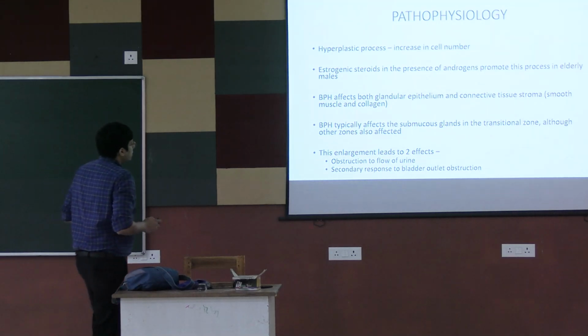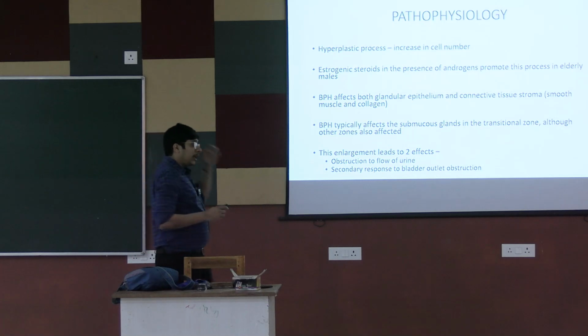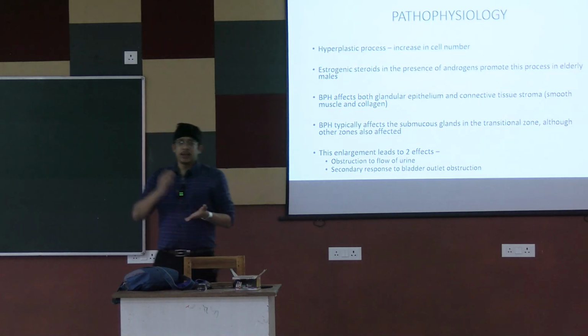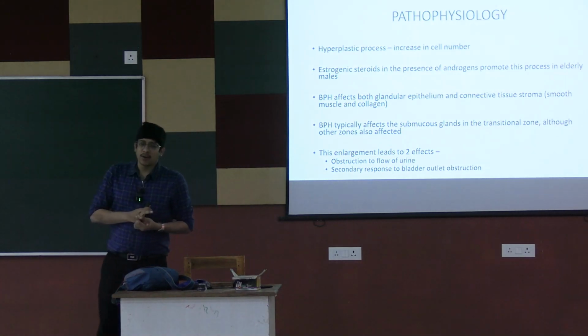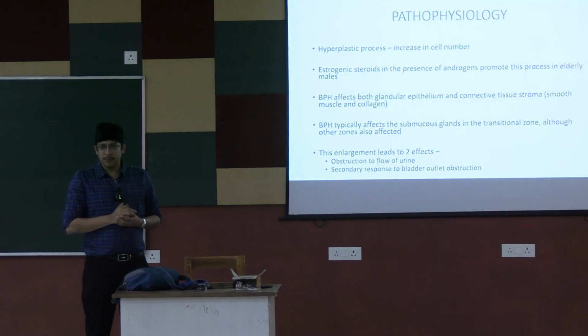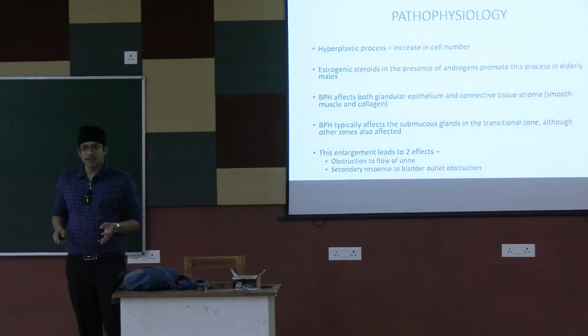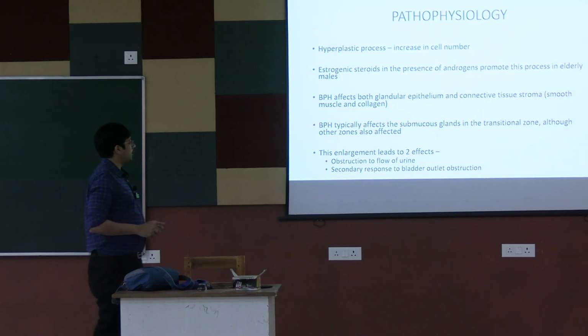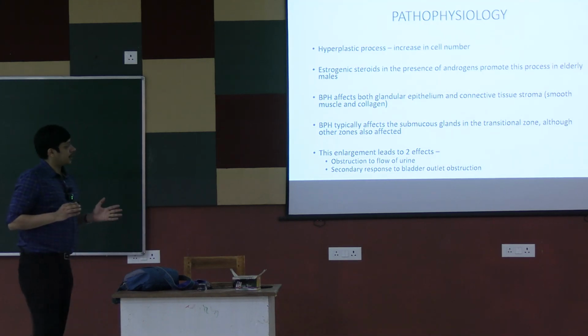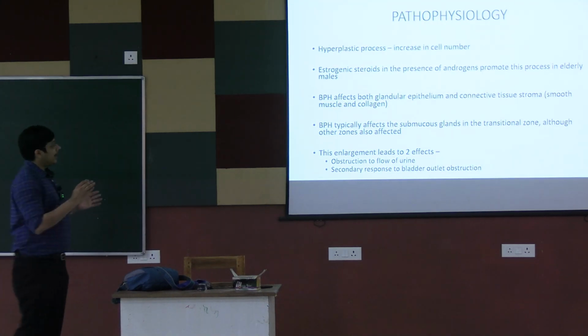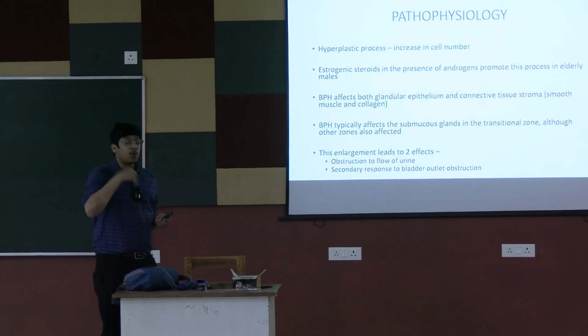Okay. So usually it's a combination of hypertrophy and hyperplasia, but more so a hyperplastic process is involved in BPH formation. The estrogenic steroids in the presence of androgen promote this activity.